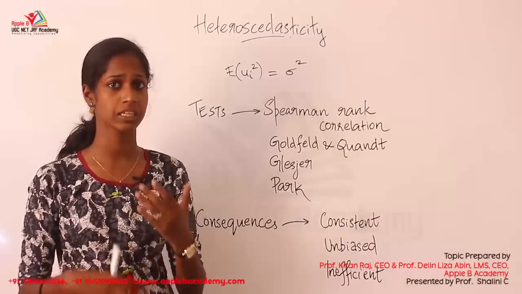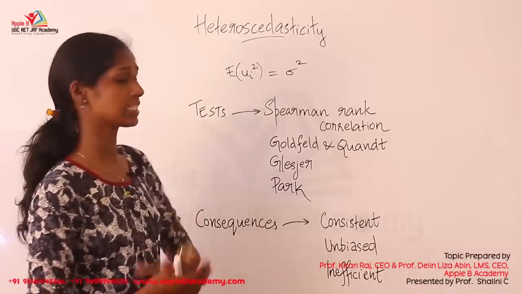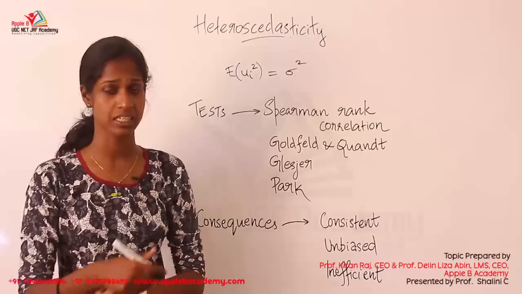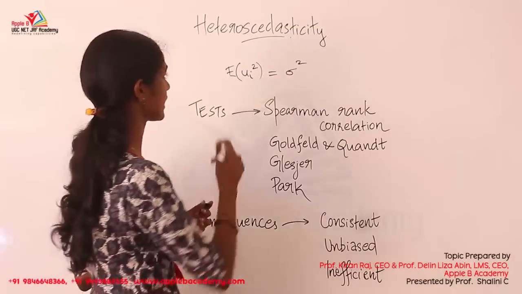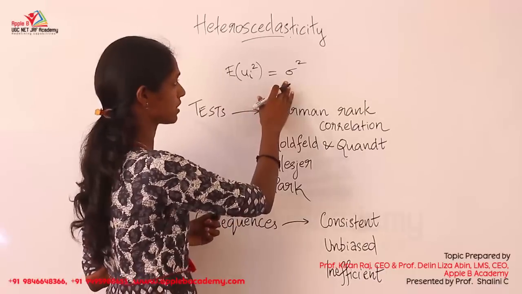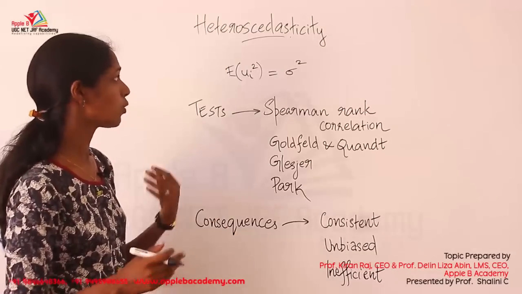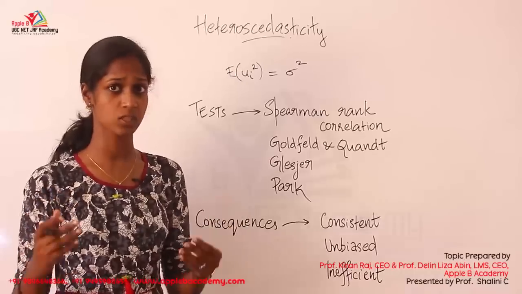So what happens when these assumptions do not hold? The first one is an exception to homoscedasticity. Homoscedasticity, as we earlier discussed, is uniform variance. We said that expectation of ui square will be equal to sigma square. There will be a uniform spread or uniform variance. So what happens if it does not hold true? What happens if the variance is not uniform?